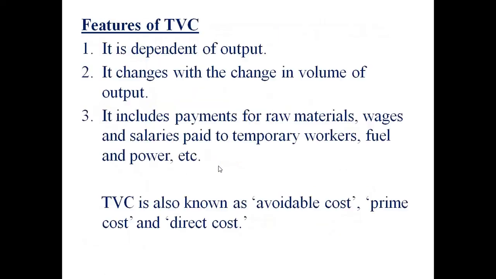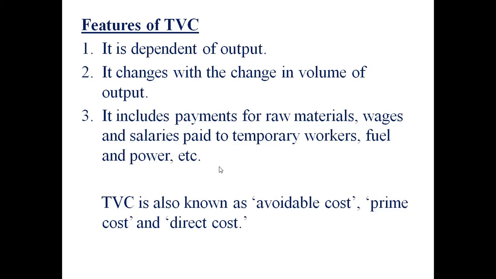Now let us see the behavior or the feature of TVC, that is total variable cost. Number one, it is dependent on output. TVC is directly associated with output. When the output changes, TVC also changes.